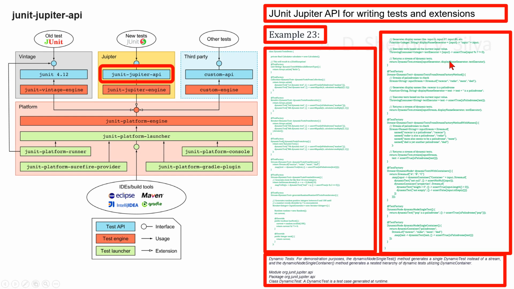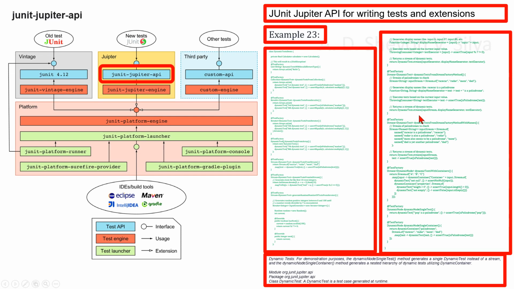The next method is similar to generateRandomNumberOfTests in its flexibility. However, the dynamicTestsFromStreamFactoryMethod generates a stream of dynamic tests from an existing stream via the DynamicTest.stream method.